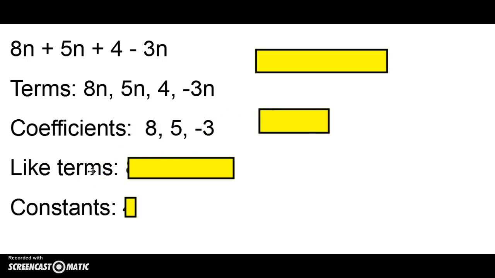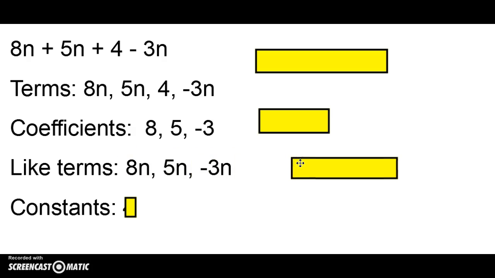Like terms are the ones that have the same variable, so 8n, 5n, and negative 3n are all like terms. And the constant, remember, is just a number without a variable, so 4. I know that looks like a lot of writing, but in your homework you'll have to identify that, and it's just getting us used to the vocabulary words.